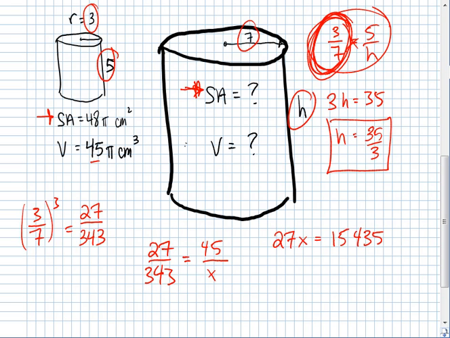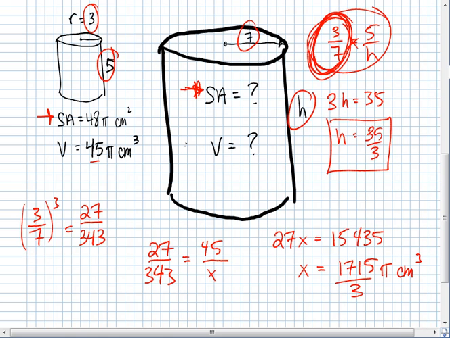Big numbers, but when I divide both sides by 27, I get 1715 over 3, and that's pi centimeters cubed. So it's 1715 over 3 times pi centimeters cubed. And that would be your answer there, just by using the ratio, not actually figuring out the surface area or the volume specifically.